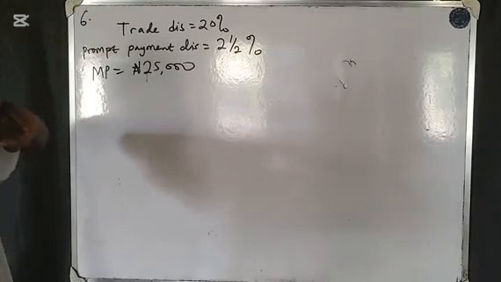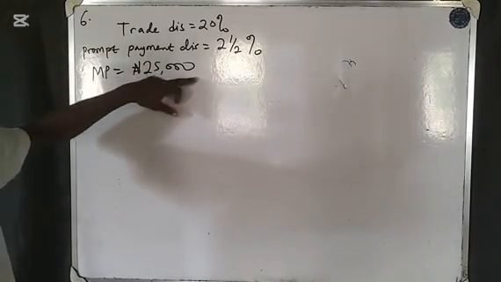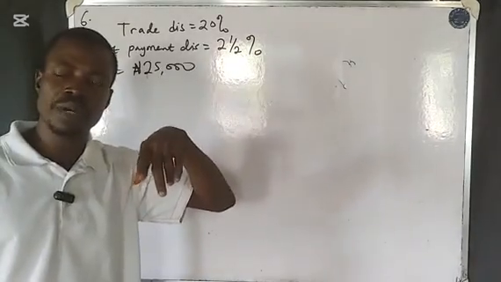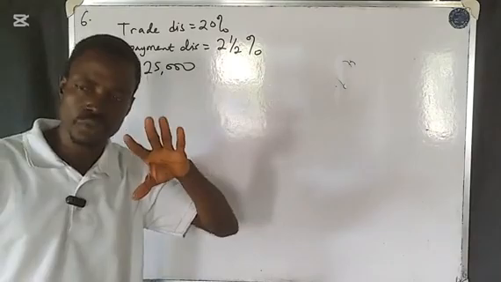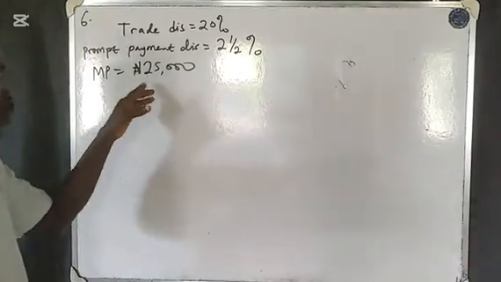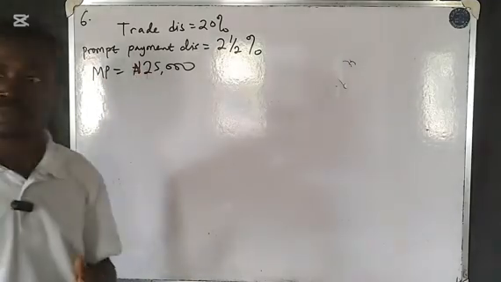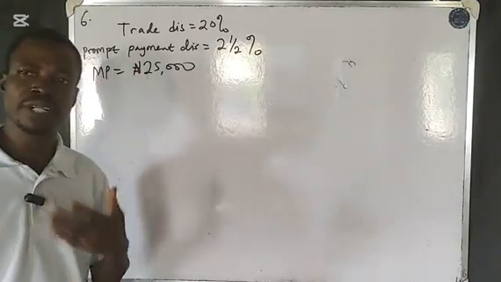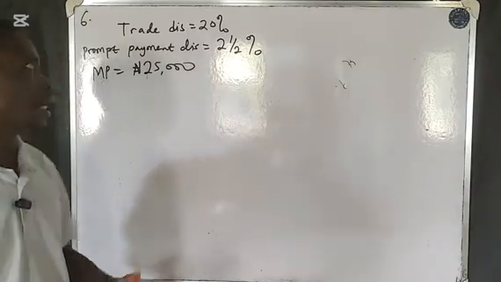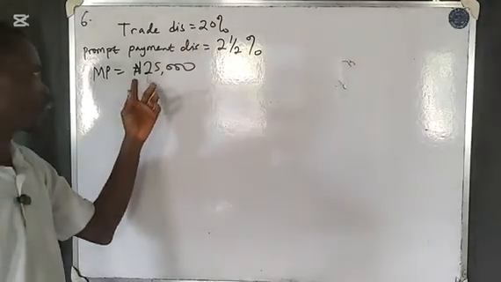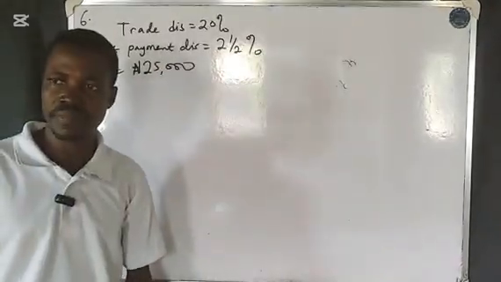So what we do is reduce this marked price, the price the owner put on the article when he wants to sell it. But in the process, you want to attract more customers. Come and buy, there is a promotion going on. I'm going to give you a 20% discount, a reduction of 20% out of this money.